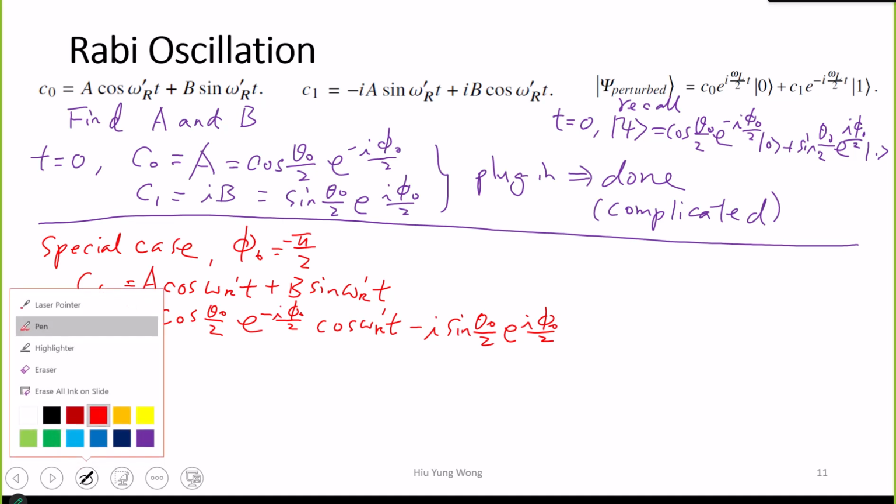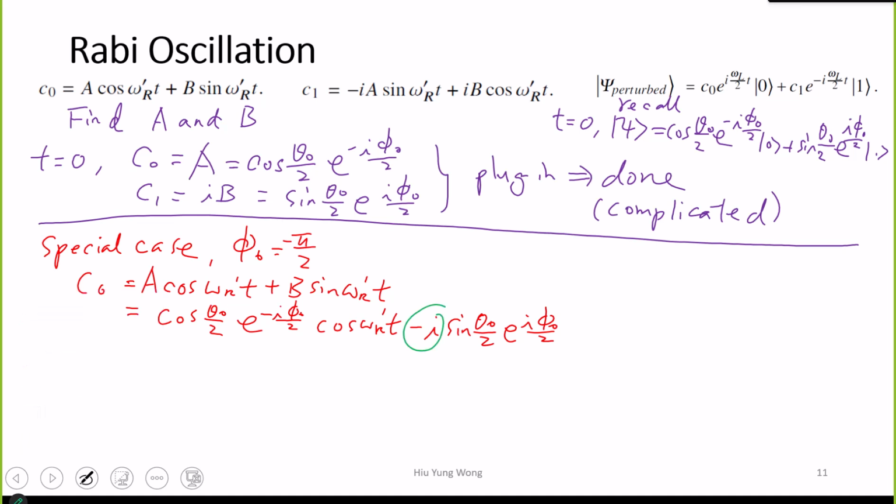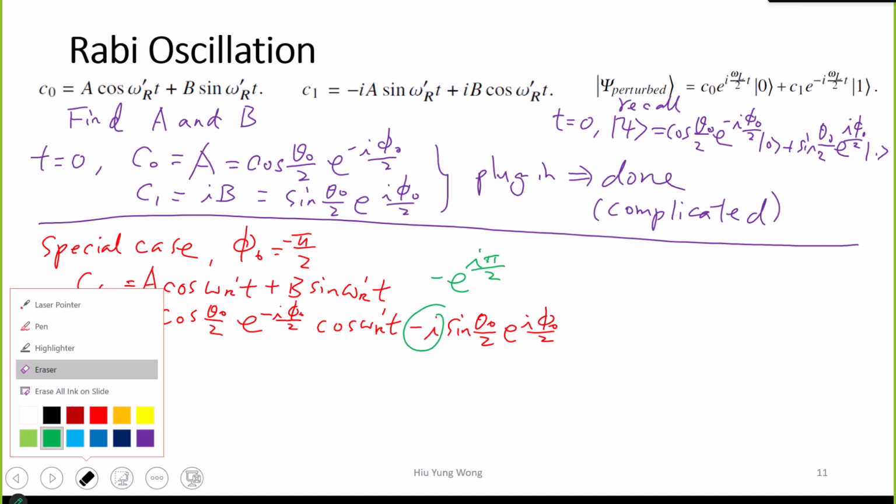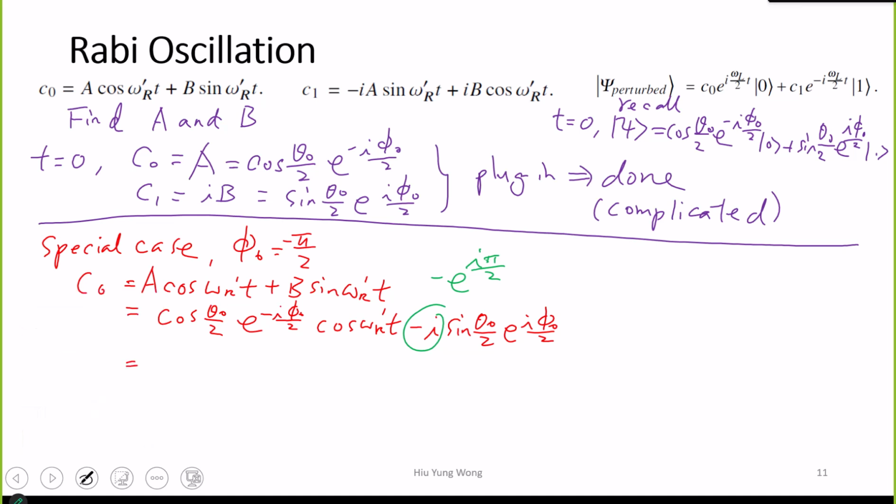But this one is just equal to e to the power negative I pi over 2 for this one. Now, because of the rest of the math, I will go a little bit faster. I'm going to just go ahead, run it, and show you the result. I'm going to take out e to the power negative I phi naught over 2.